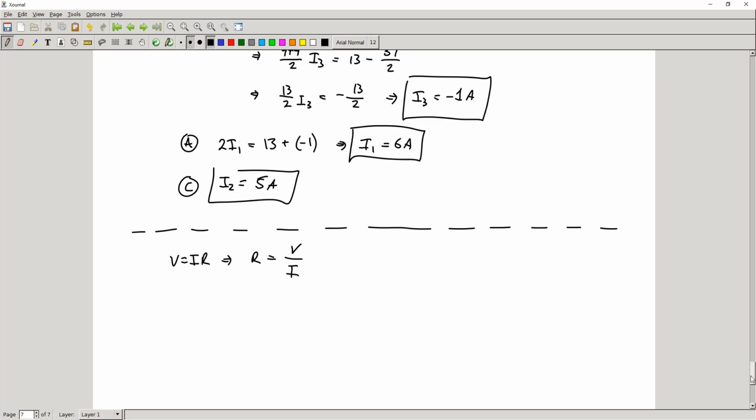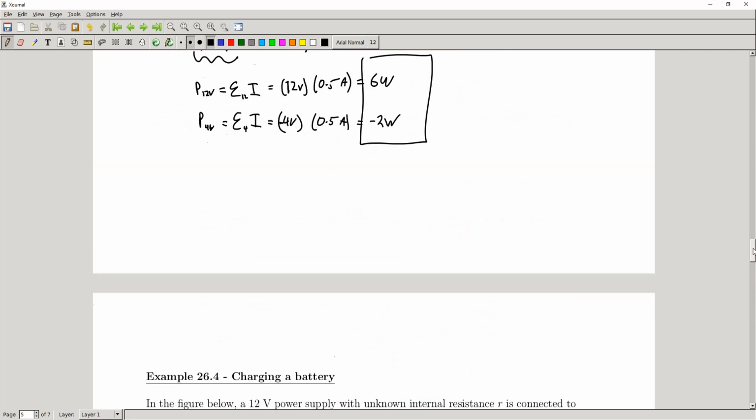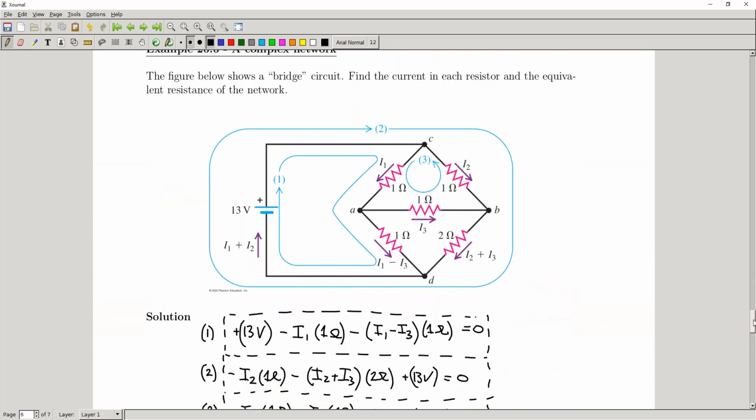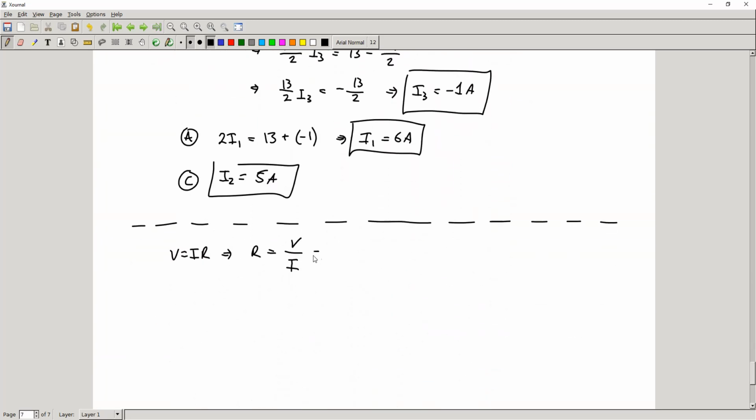Basically we need V and I, but V is very easy to get. We can see that VCD, the V across this whole thing, is going to be the same as our EMF, right? Because this is just one chunk of conductor. So we know that our V is equal to our EMF, which is equal to 13 volts. So that's simple, right?